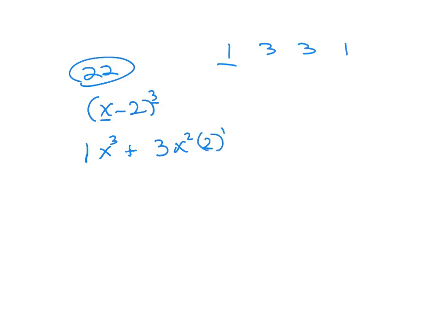Because before in here, let me move this over. So 1x cubed, and this would have been 2 to the 0. So remember, 2 to the 0 is just a 1. So this is just an x cubed. This just becomes, multiply this, 6x squared. But let me keep going here with the pattern. And then I still have the coefficient 3 here.